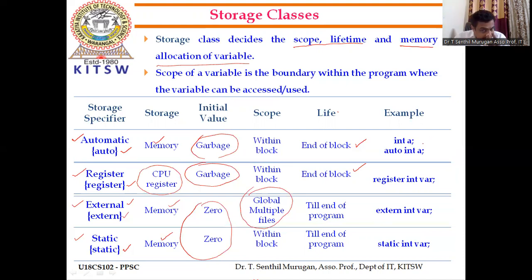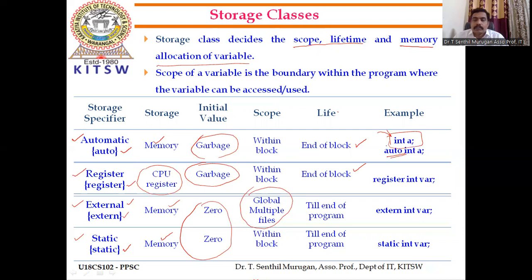For example, we can write auto int a. If we do not mention any storage class and simply write the variable type and variable, then the default storage class is auto. So we can write it with or without auto; the system takes it as auto.